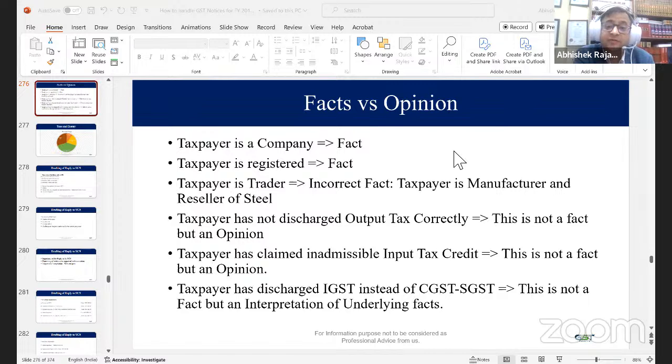Now, if they say that you have not discharged the correct tax liability, or that you have claimed extra ITC, this is not a fact. This is their opinion.